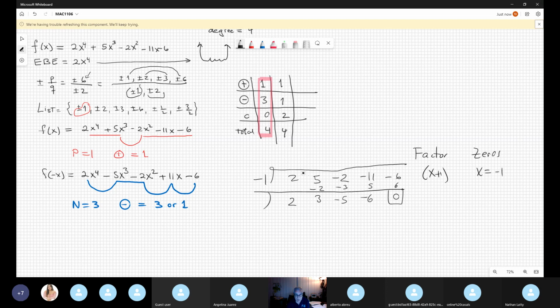Another factor that I investigate is again negative 1 because the multiplicity is 2. Bring down 2, negative 2, 1 positive, multiplication of negative 1, and negative 6, multiplication of positive 6. Nice. The factor is x plus 1 again, x equals minus 1. And when you are doing the factorization, you need to write x plus 1 squared, multiplicity 2.